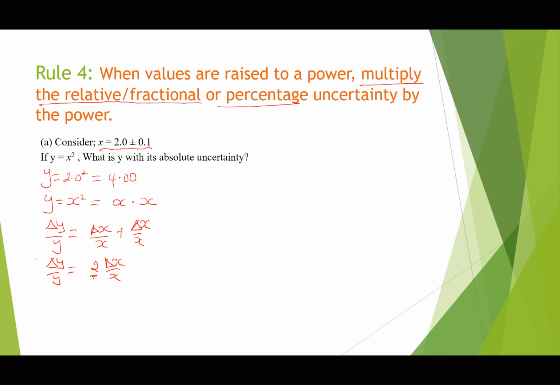So let us just proceed and see what we obtain here. It means the absolute uncertainty in y is going to be 2 times the absolute uncertainty in x, which is 0.1, over the true value of x, which is 2.0. This will be multiplied by the y on the other side, which is 4.00.